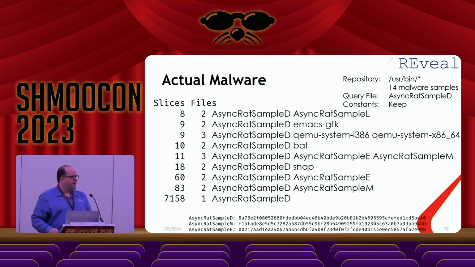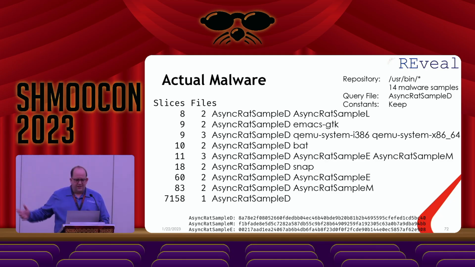Async rat sample M and E had, respectively, 1 and 3 of the 50 AV engines identify it as async rat, and a lot of them had other names, because the naming community doesn't have a great solution for matching all these.